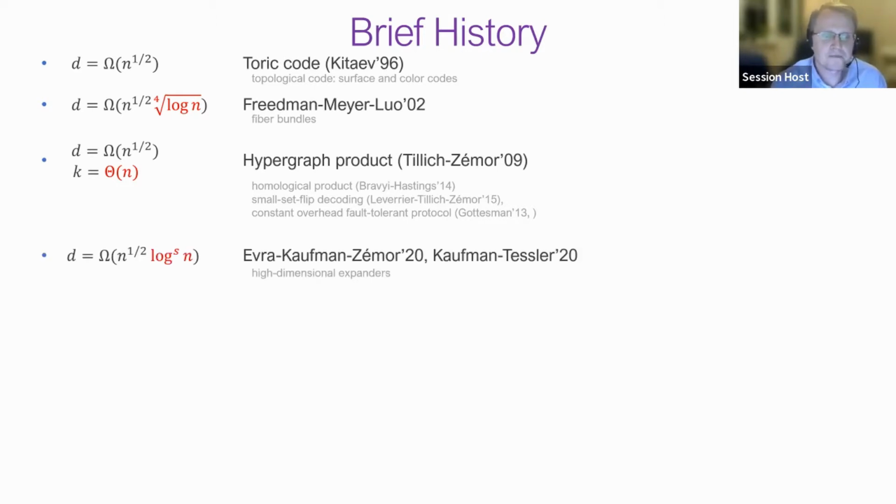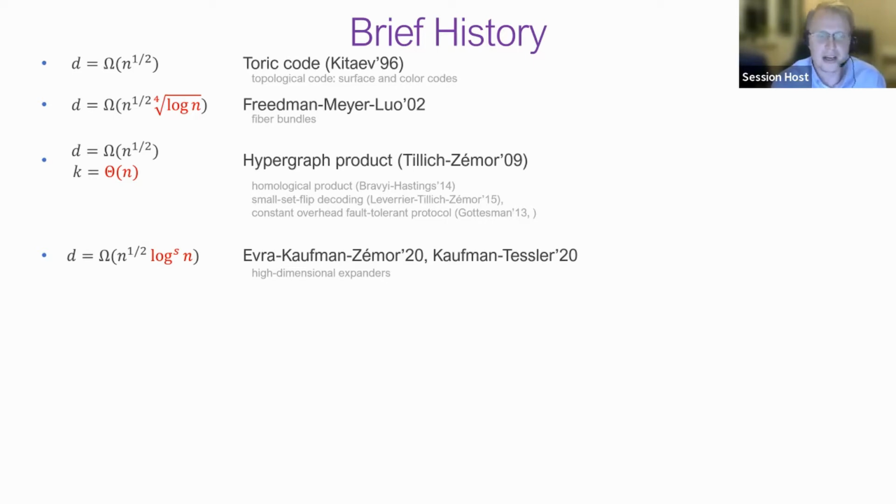Actually, from this time, there were also some interesting constructions between 2009 and 2020, but in terms of the minimum distance, there was no progress. The first papers that broke these previous records appeared only in 2020.